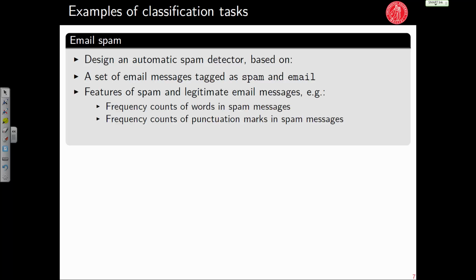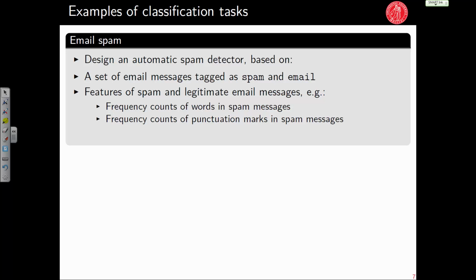And you would extract features that help the classifier distinguish between spam emails and legitimate emails. These features could be as simple as frequency counts of words in spam emails.